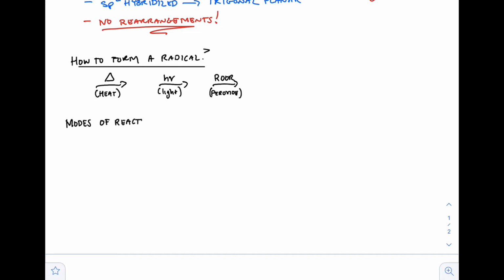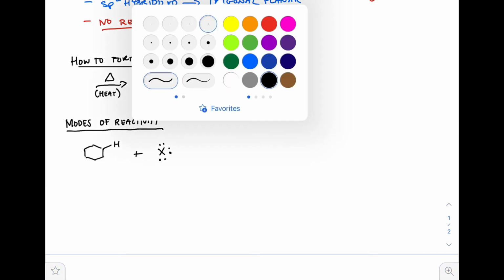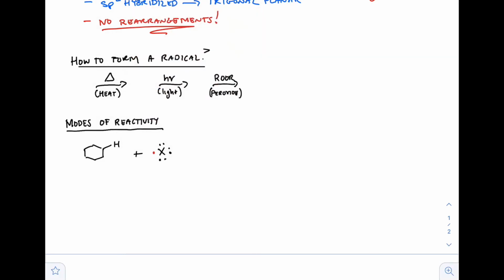There's obviously much more information required to move along with these radical reactions, but before we get into the nitty gritty, let's talk about the modes of reactivity, meaning what kind of reactions occur. Say we have a cycloalkane with some C-H bond, and then we have a radical. Those two things can come together. That X dot grabs an H dot, or a hydrogen atom, and that forms another radical on that cycloalkane.